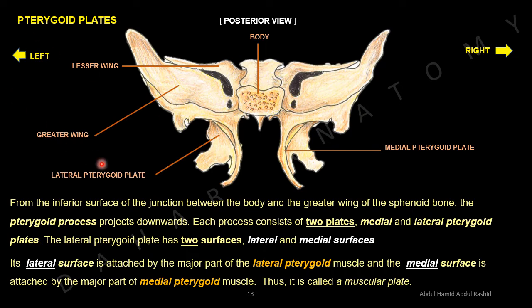The lateral surface is attached by the major part of the lateral pterygoid muscle, and its medial surface by the major part of the medial pterygoid muscle. Therefore, laterally, lateral pterygoid, medially, medial pterygoid. So this plate is also called the muscular plate.